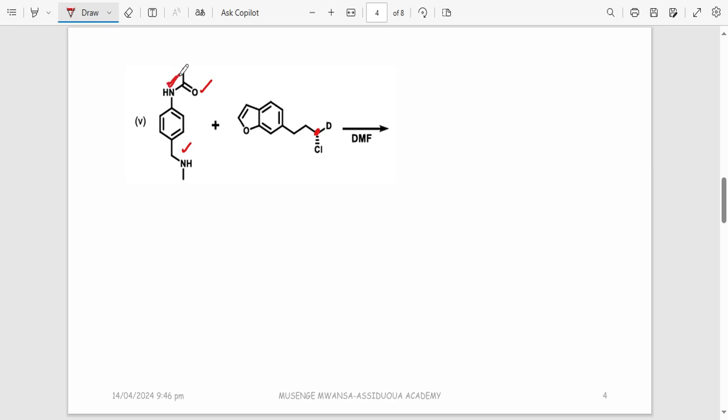This nitrogen again is near oxygen, so its nucleophilicity is also reduced. This nitrogen is near carbons, so it has more capacity to go and attack. At the same time, it also has lone pairs, just like the other nitrogen. Even this oxygen has lone pairs. But this one is going to be the better nucleophile.